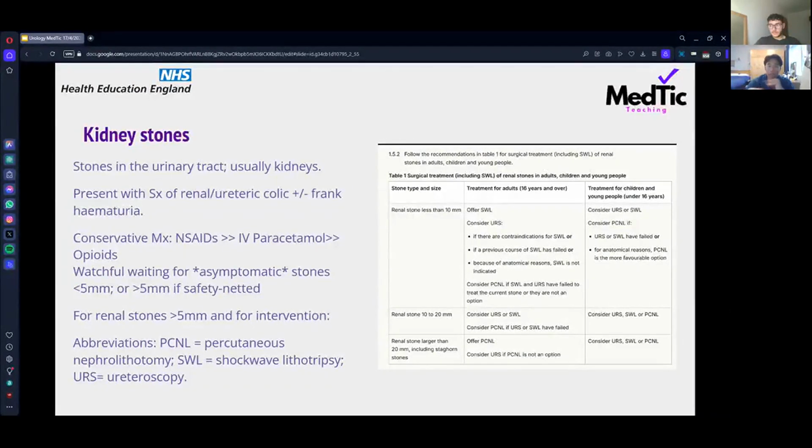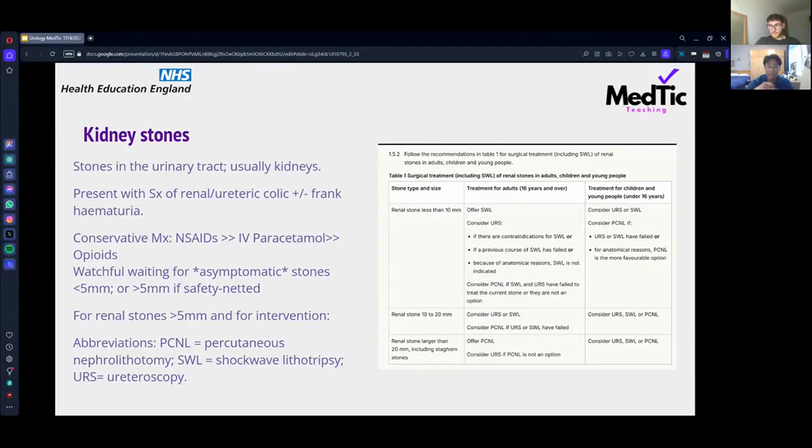You tend to go for watchful waiting for asymptomatic stones that are less than 5 millimeters. It's kind of a hard one to counsel the patient on, because you're essentially telling them that we're just going to wait for them to pee it out. However, if it's above 5 millimeters, if you appropriately safety net them, you can also just watch and wait and prescribe them a good amount of analgesia.